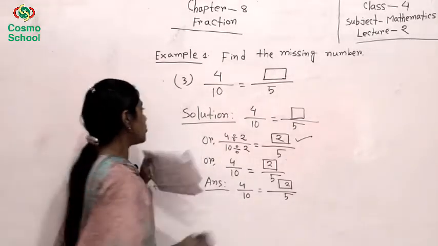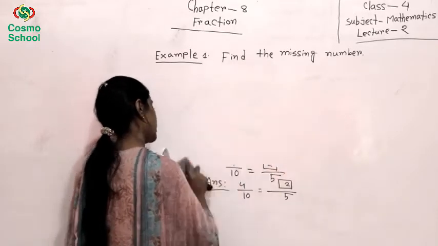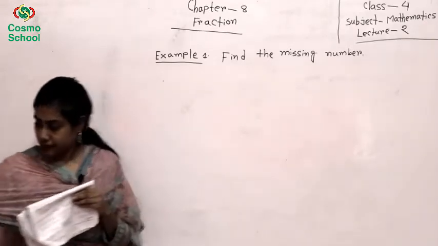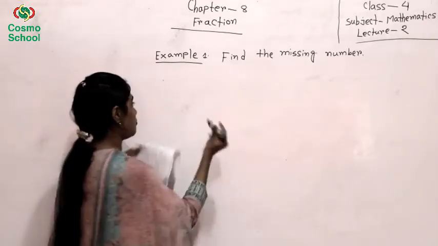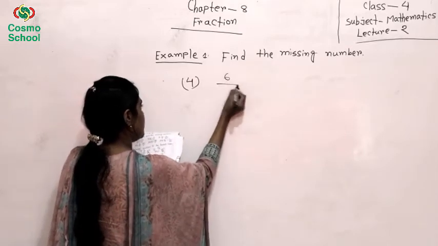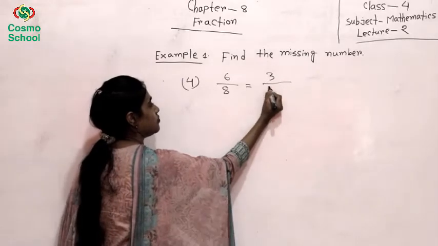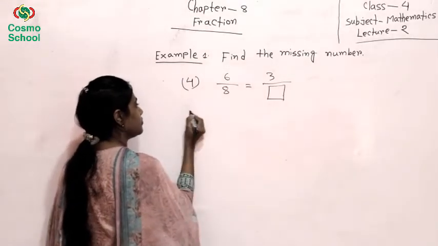Let's go to the last one. Math number 4. 6 divided by 8, 3 divided by missing number.